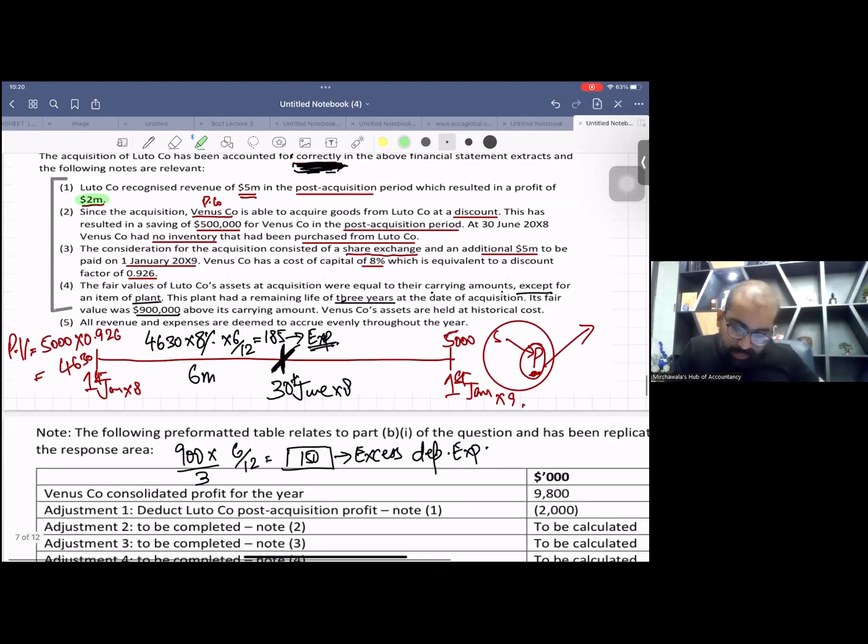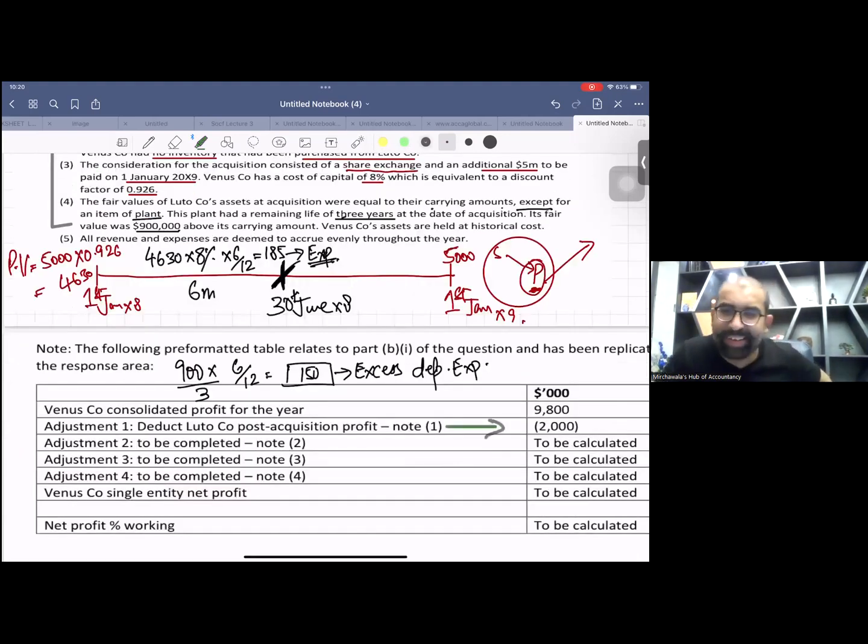See, the first adjustment, minus 2000, he has already done for you. The first free push is by the examiner.